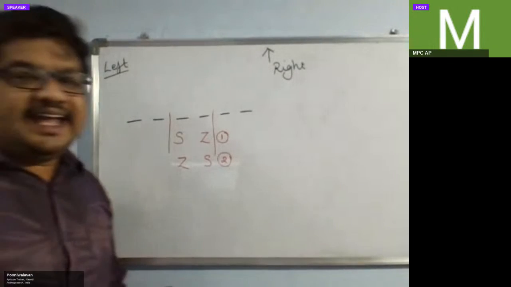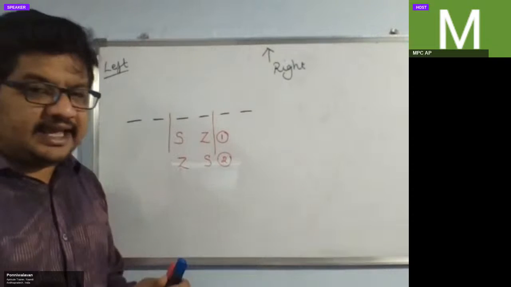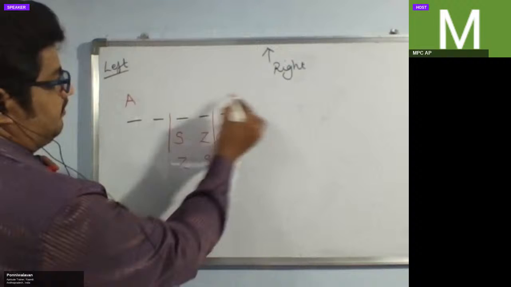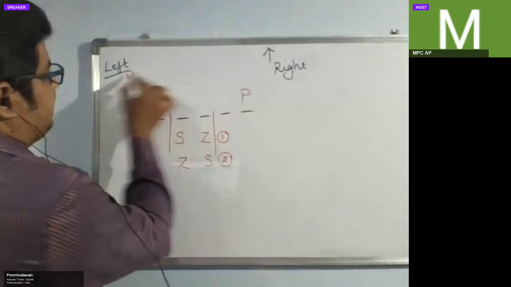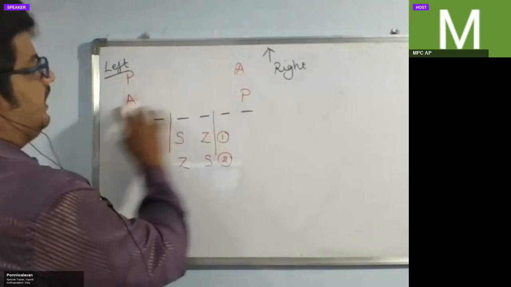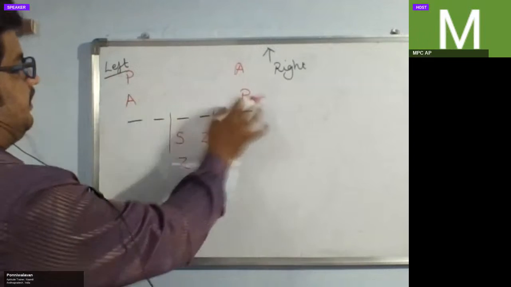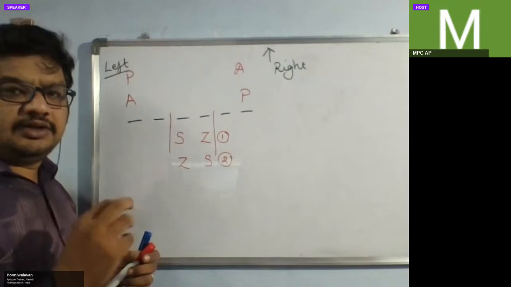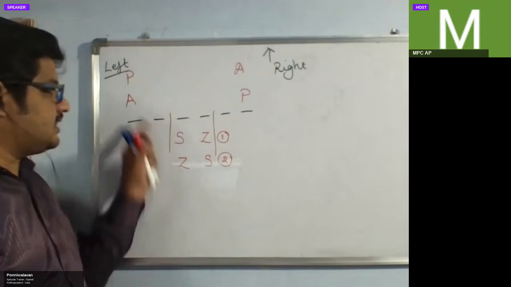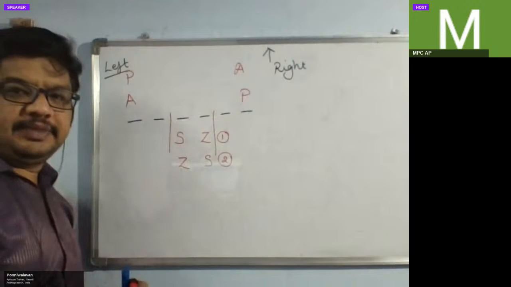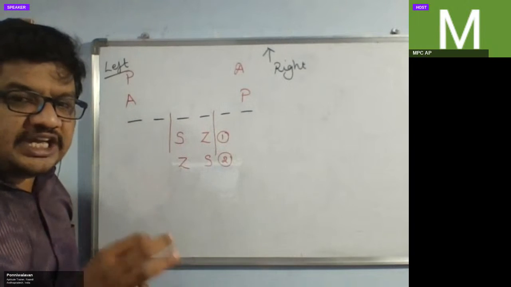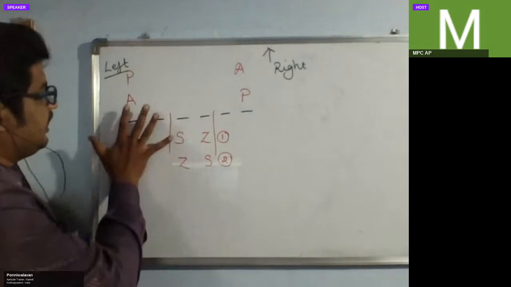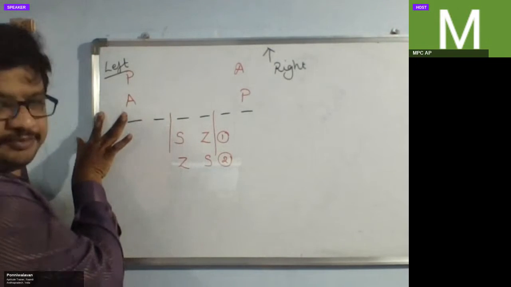Okay, next. A and P at the ends. So A and P at the ends means it may be AP or it may be PA. R is sitting to the immediate left of A. R is sitting to the immediate left of A means if A is here, is there any left position?